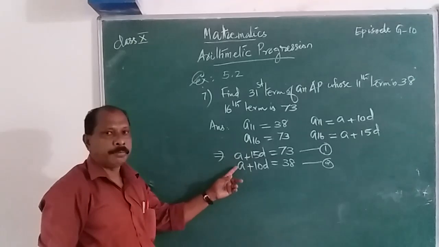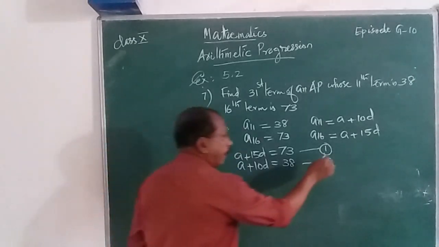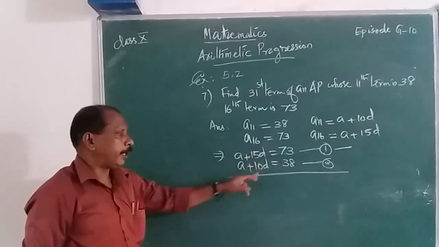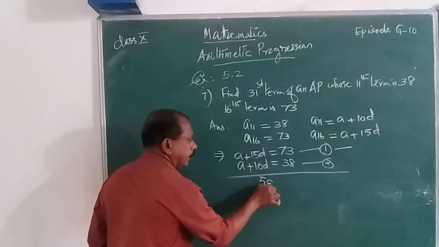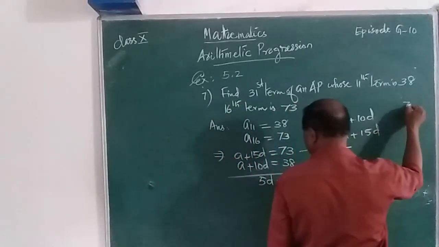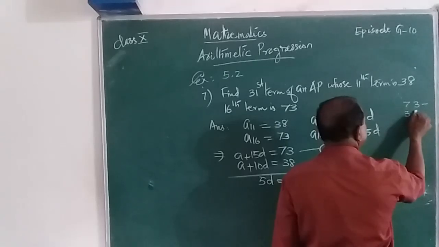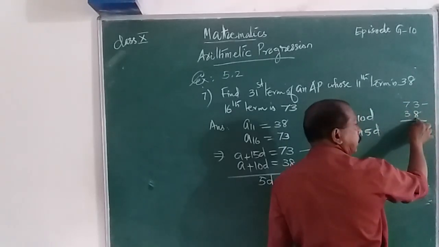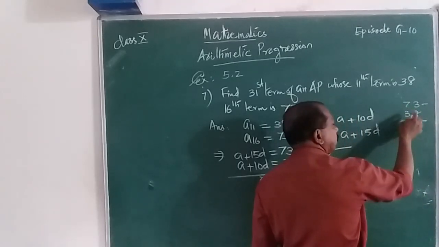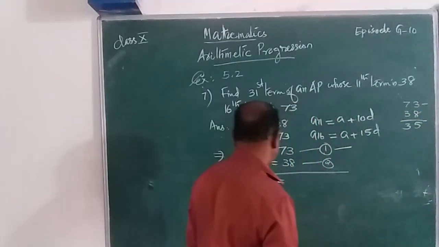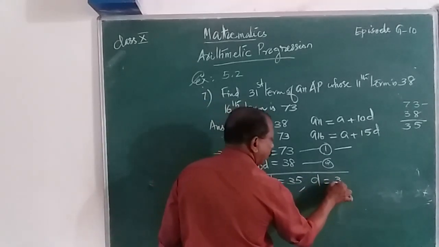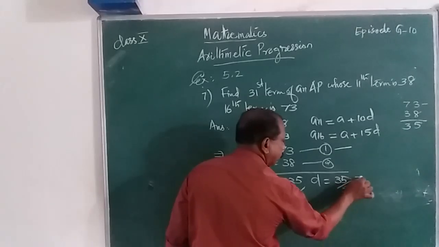Therefore, coefficient of A are equal, therefore subtract. A minus A, 0. 15 minus 10, 5. It is 5D is equal to 73 minus 38, that is 35. Therefore, D is equal to 35 by 5. That is 7.